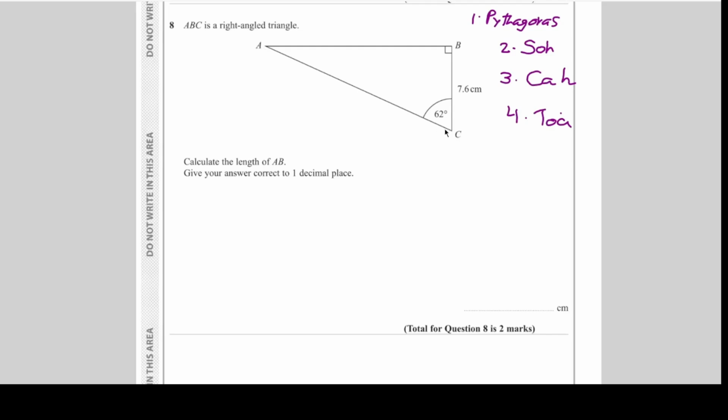If you can't tell which is the longest side, you can do another check. Go to the 90-degree angle and get the side opposite to that 90 degrees.